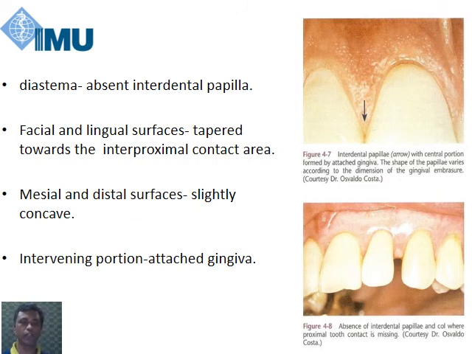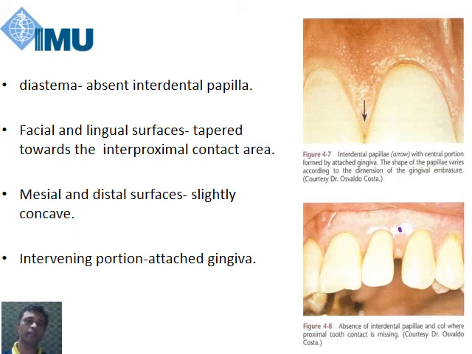Further, if you want to describe the interdental papilla, one feature is present when we have a diastema or a spacing between two teeth. We find that the interdental papilla is a bit absent there because the two teeth are not together.